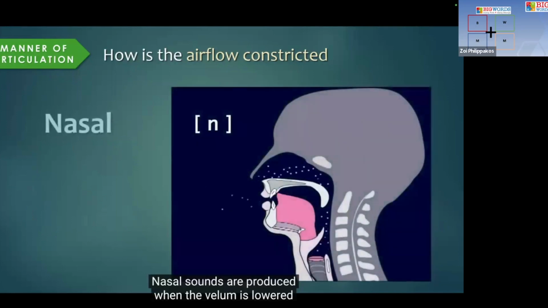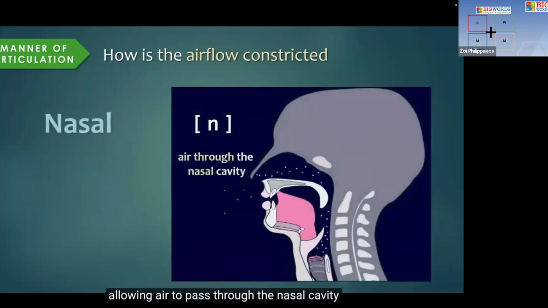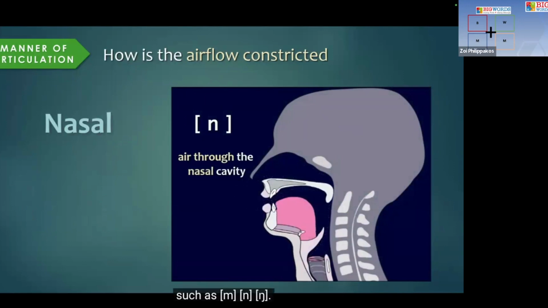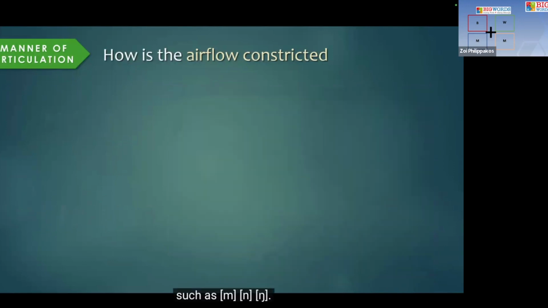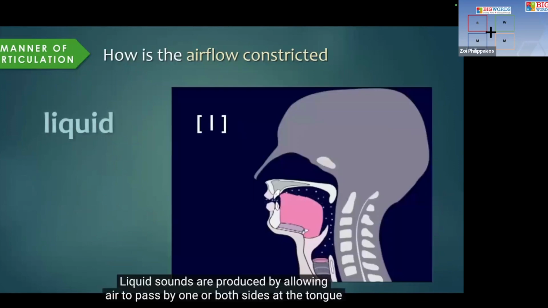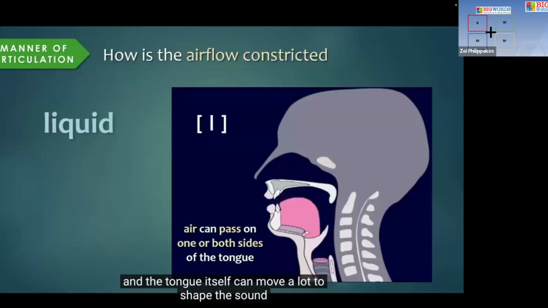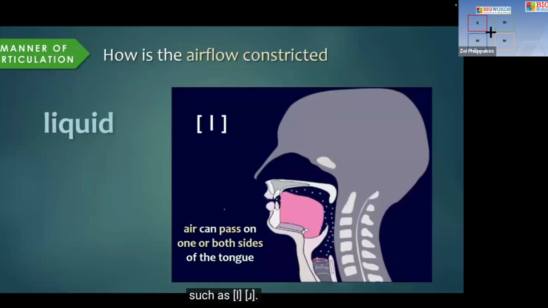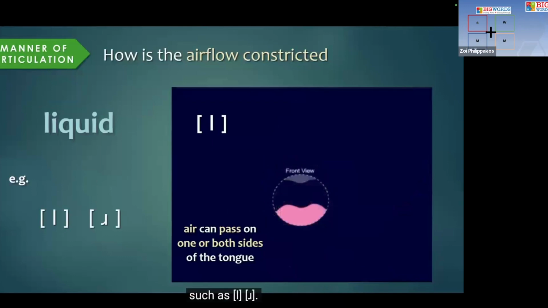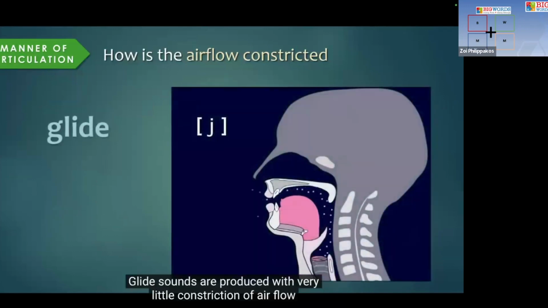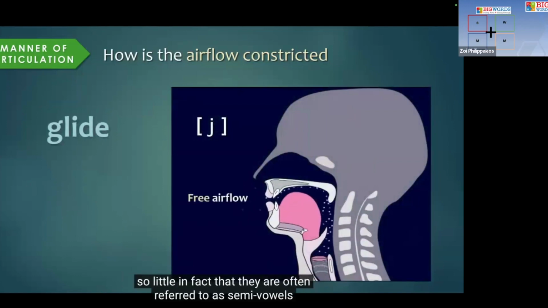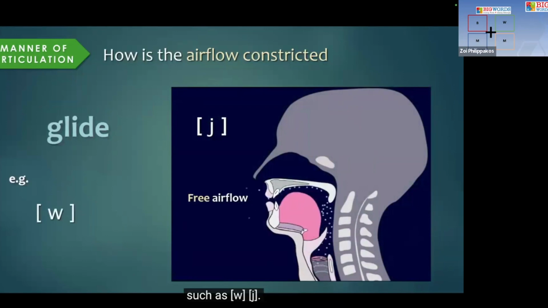Nasal sounds are produced when the velum is lowered, allowing air to pass through the nasal cavity, such as Liquid sounds are produced by allowing air to pass by one or both sides of the tongue, and the tongue itself can move a lot to shape the sound, such as Glide sounds are produced with very little constriction of airflow, so little, in fact, that they are often referred to as semivowels, such as w, y.